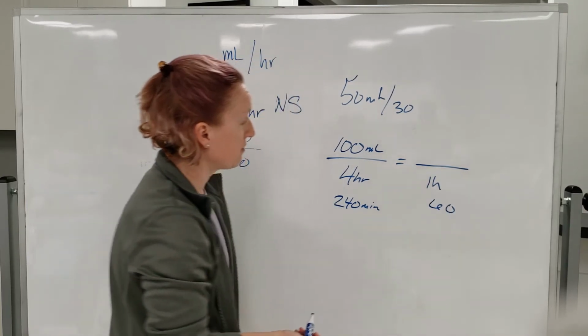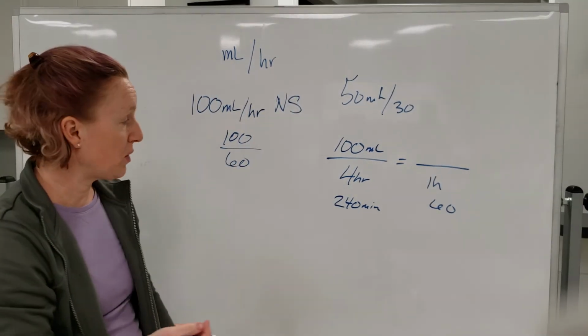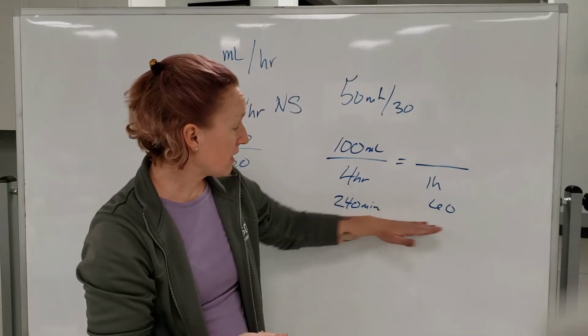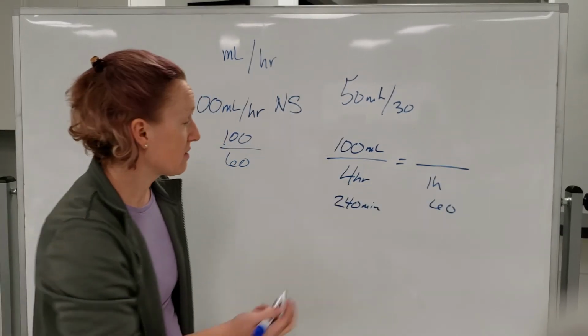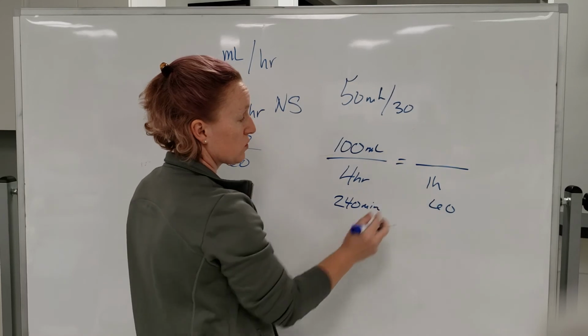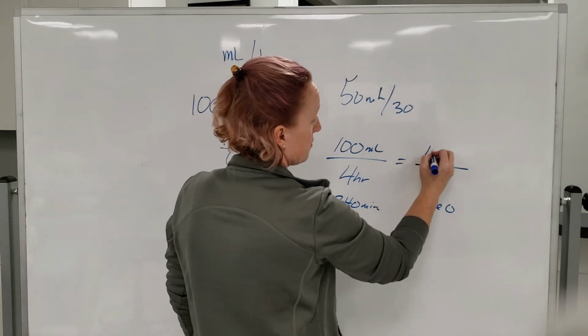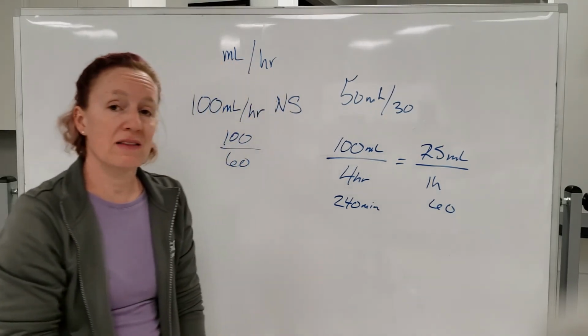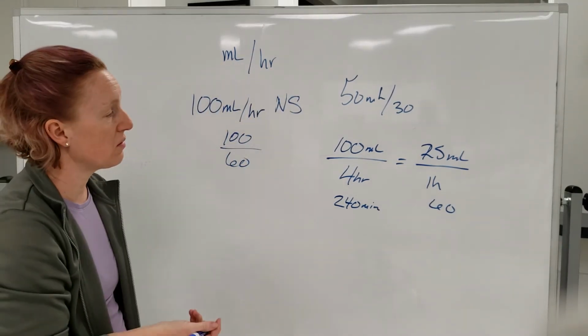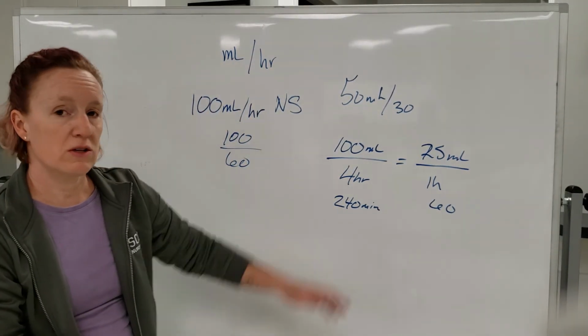So how do I have to program my pump so that that number gets to 60? Well, I divide it by 4, right? Because 4 divided by 4 is 1. So we're going to get 25 mLs an hour. And that's how we're going to program our Zosyn. That's probably the most likely one to have one of those slower rates.